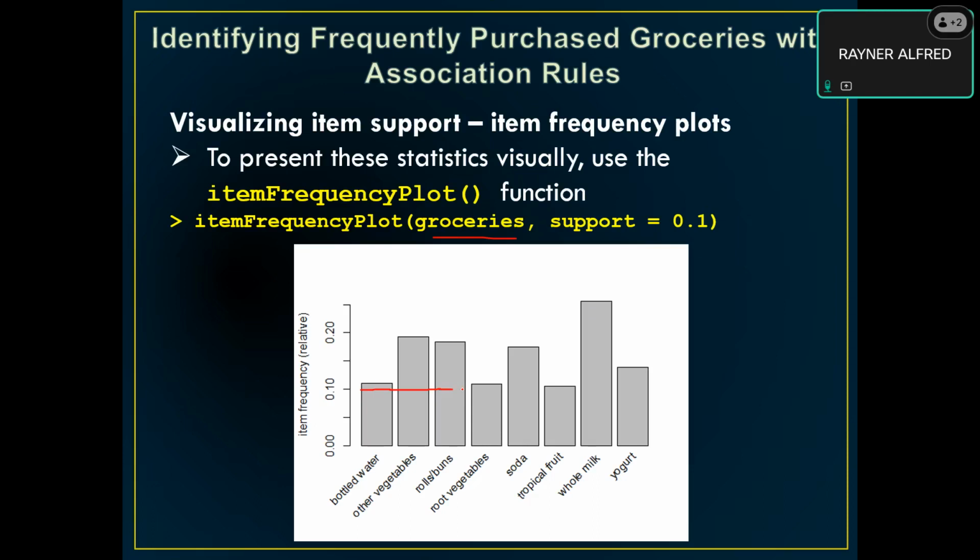So all of these have more than 0.1 support value. This is very important because remember, just now, when we looked at the number of comparisons, one of the ways to reduce the number of comparisons is by reducing this. We said we want only those that have support equal to or more than 0.1, so we can select only these items to reduce the number of items.